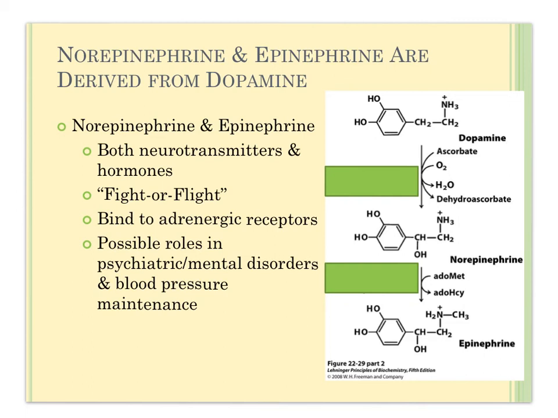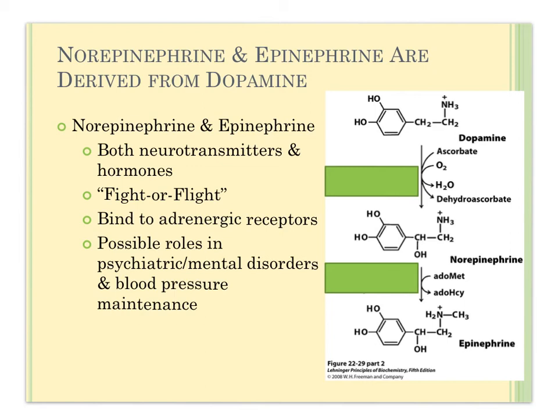All right, but we can see here, once again, what's the only difference between dopamine and norepinephrine? Another hydroxyl group. So what class of enzyme do you suppose this is going to be? It's a hydroxylase, and if you're going to name this one, dopamine hydroxylase.